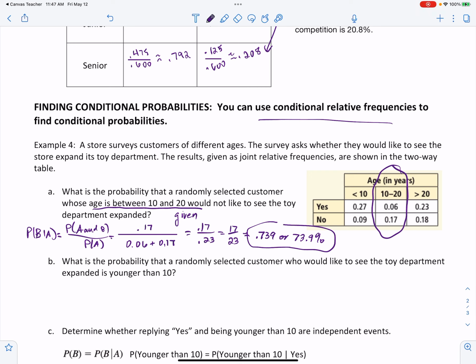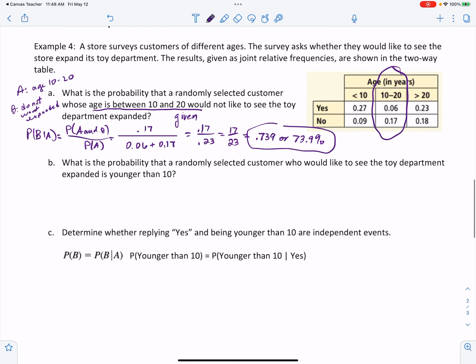And the event A is that their age is 10 to 20, and event B is that they do not like to see the toy department expanded. So that's what we had been using in a previous lesson.